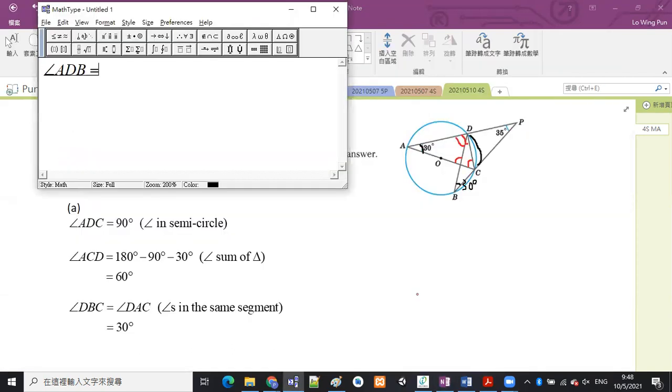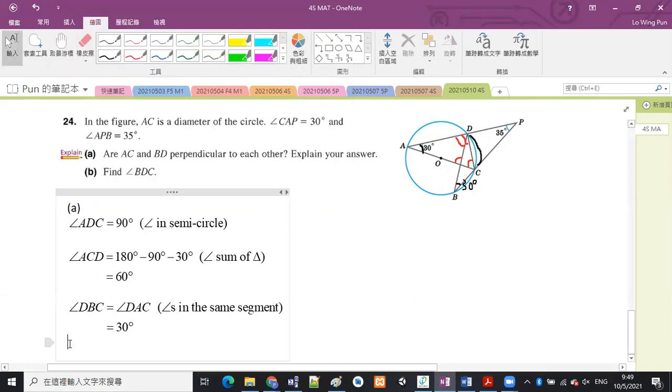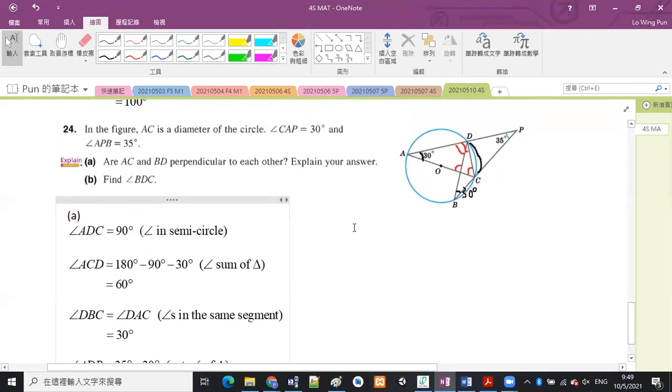So angle A dot point is equal to 35 degrees plus 30 degrees. Exterior angle of triangle, which is equal to 65 degrees.